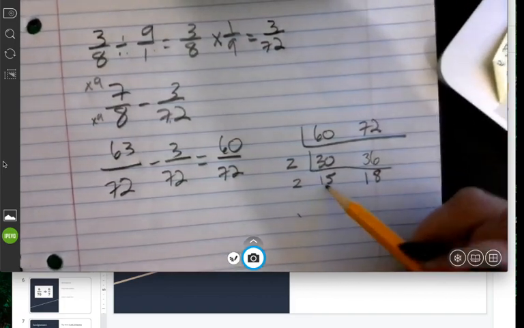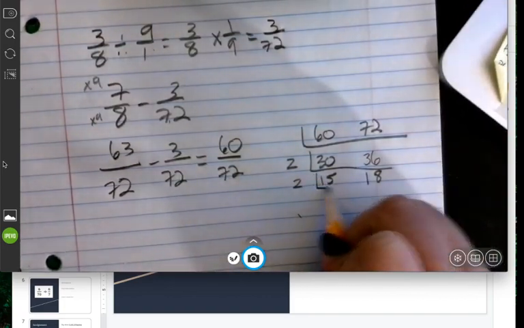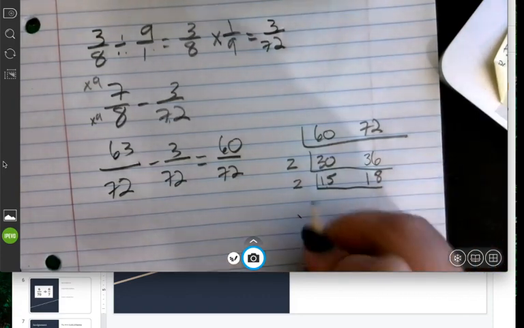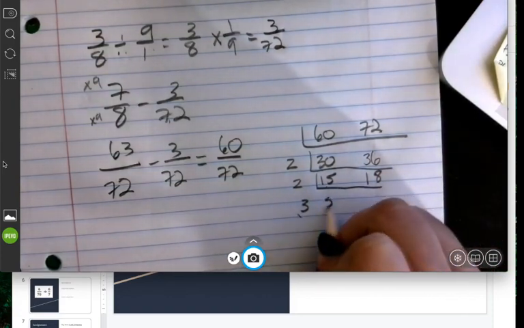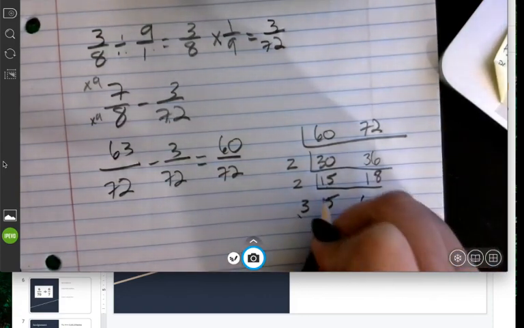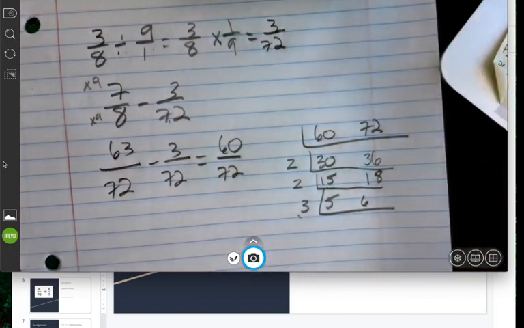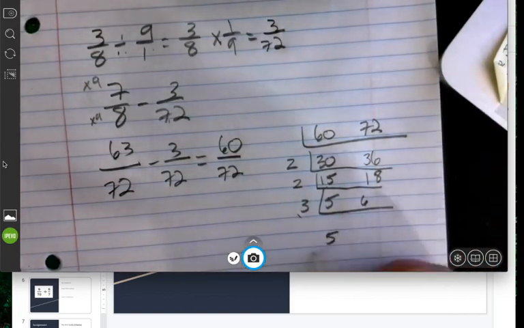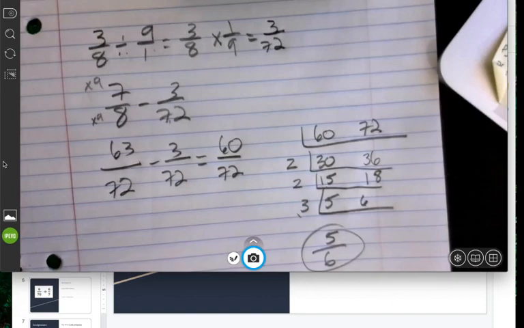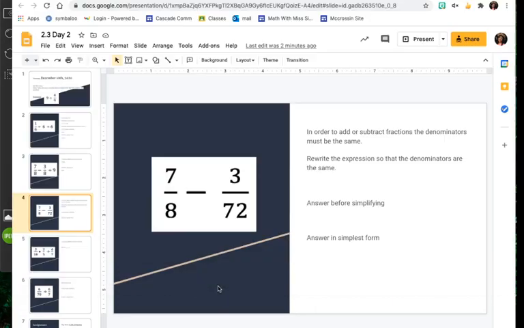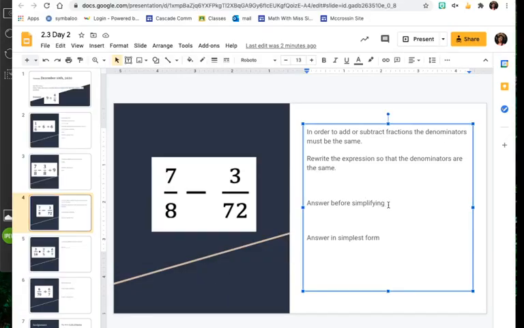They don't go into 2, but 15 and 18 both go into 3. 15 divided by 3 is 5. 18 divided by 3 is 6. 5 is a prime number, so you cannot go any farther. So our answer is actually 5/6 in simplest form. So it's 60 over 72 in not simple form, and then in simplest form, it was 5/6.